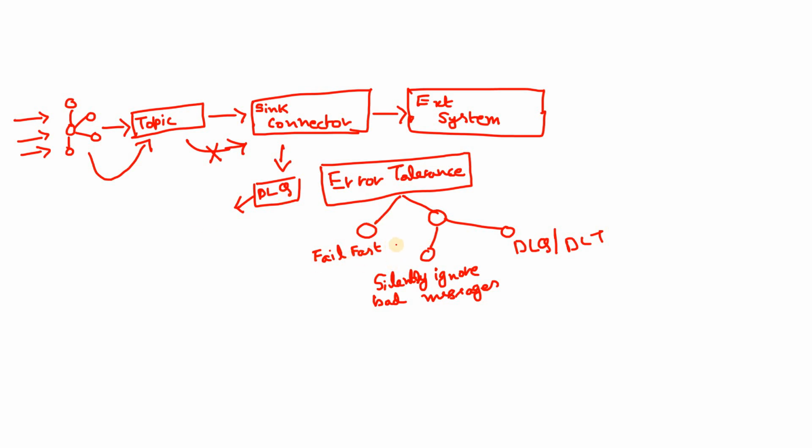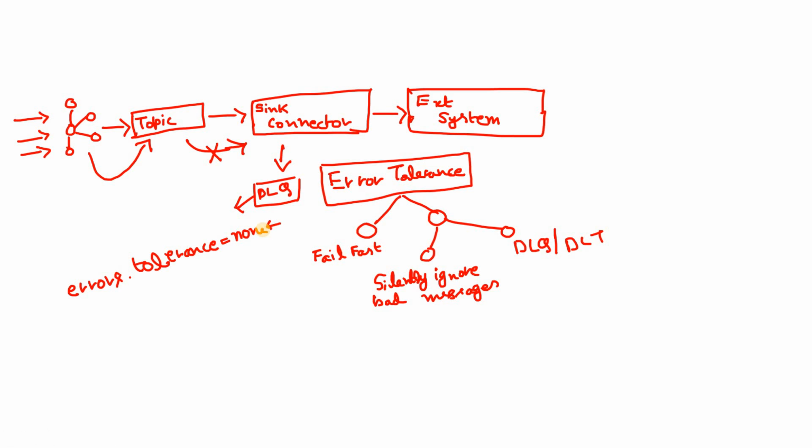Now, how can we configure these different error tolerances in our connector? There is a parameter, and that parameter is errors.tolerance. If you make errors.tolerance as none, that means it will have no error tolerance.